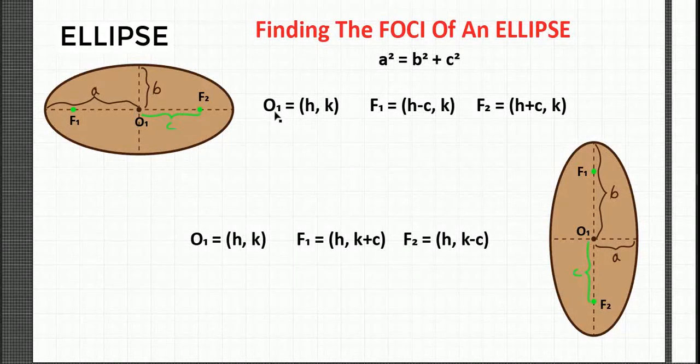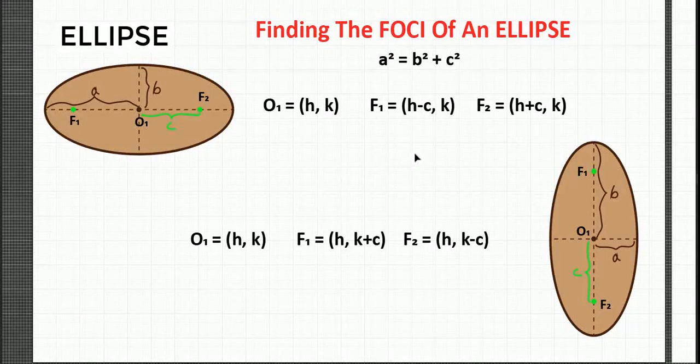If O1, that is the origin or center of the ellipse, is at (h, k), then F1, that is one of the foci of the ellipse, would be at (h minus c, k), and the other focus F2 would be at (h plus c, k) when the ellipse is horizontal.